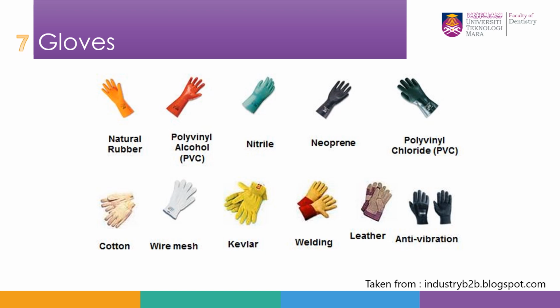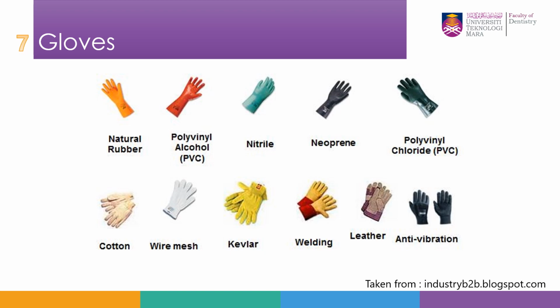These are the types of gloves available regardless of which sector we are working in. You can see the natural rubber glove, PVC, nitrile, neoprene, cotton, wire mesh, welding leather, and anti-vibration. These are used in the manufacturing industry, even in construction.